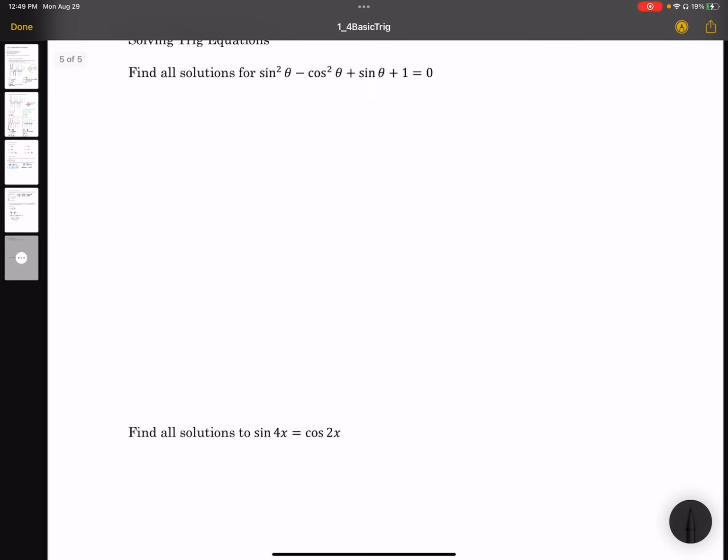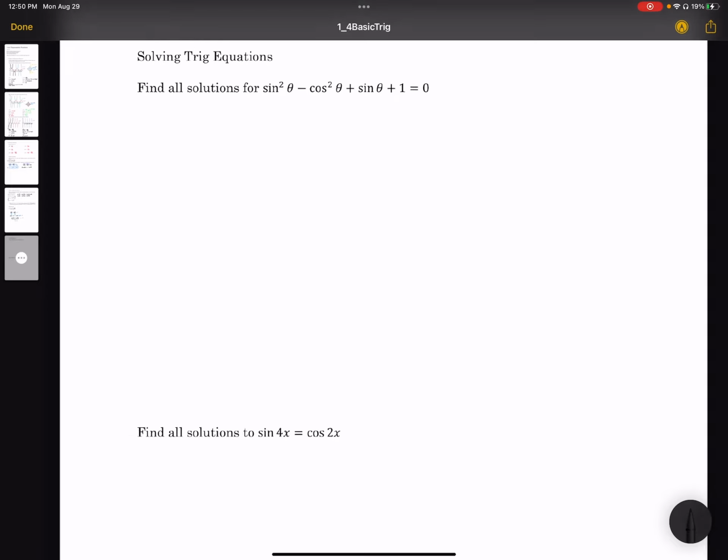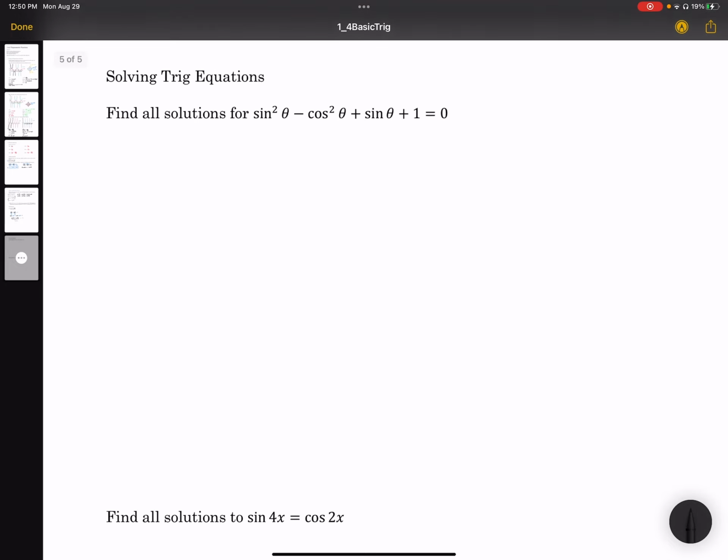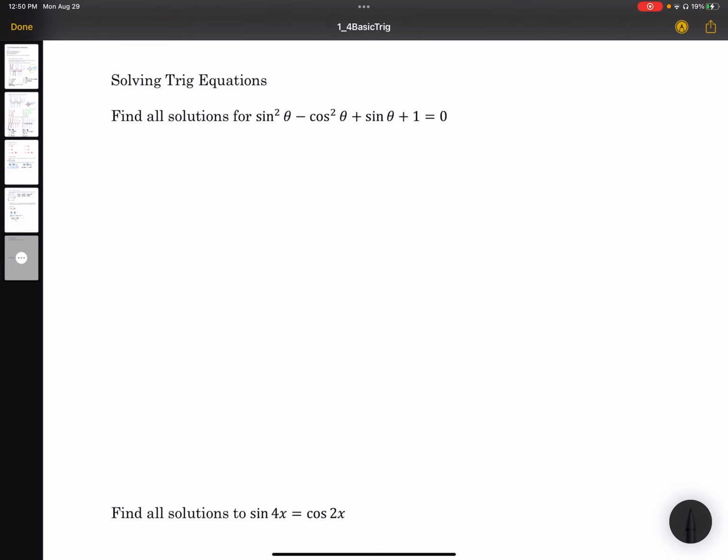And finally, we have solving basic trigonometric equations. The general rule of thumb is if we have sines and cosines mixed up, we want to replace one of them. So let's look at the identity sine squared theta plus cosine squared theta equals 1. In this formula, we have a sine term, a cosine term, a sine term, and a 1.